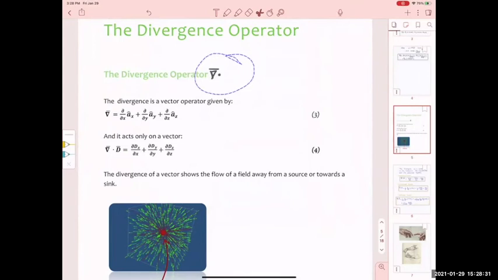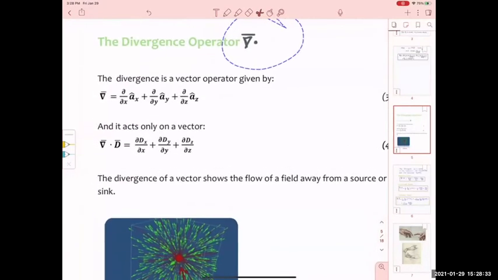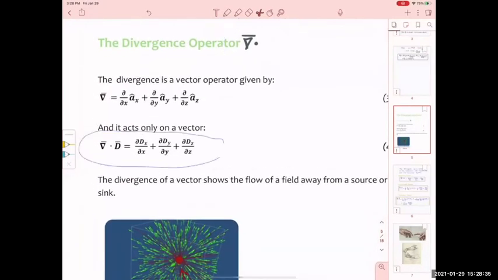Okay? What does the divergence operator do? Let's assume that you have a vector field D, and I want to find the divergence of it.